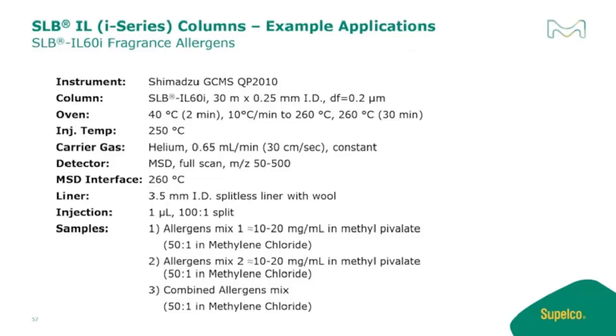We've also found some very good utility for the ionic liquid phases, for example, the SLB-IL60I, for doing flavors and fragrances, fragrance allergens. So the next few slides are a series of the fragrance allergens, analyzed with some mixes that we've developed with our sister company in Buchs.